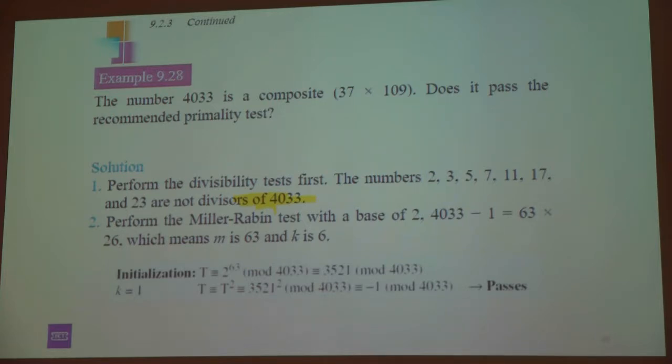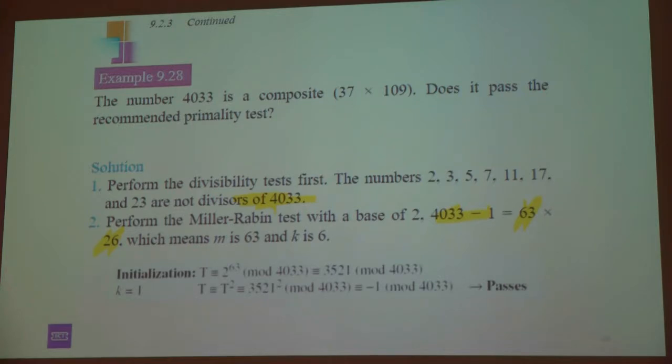Again, 4033 minus 1 is 63 times 2 to the power 6. So what's the value of m? 63. What is the value of k? 6.